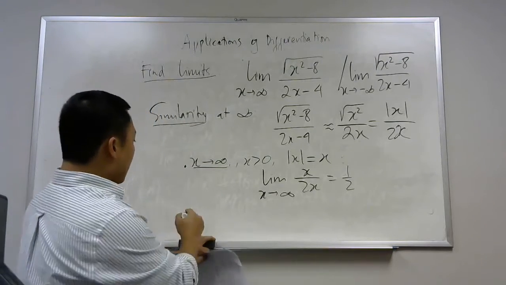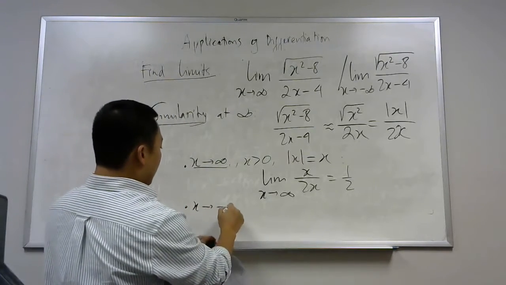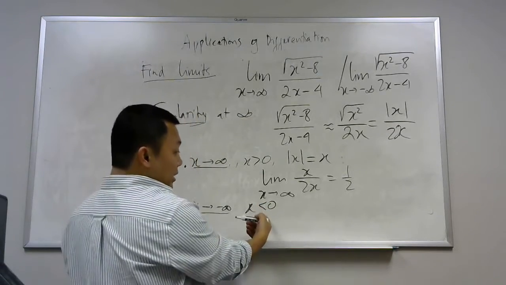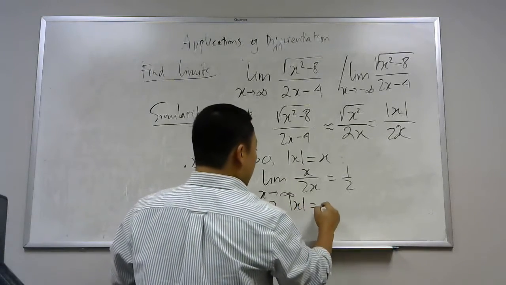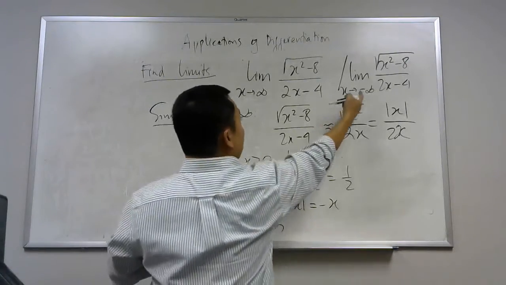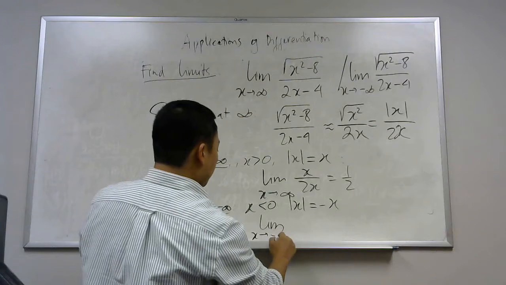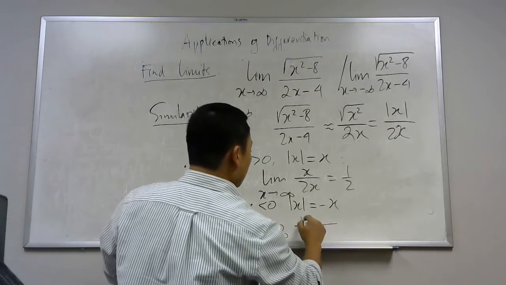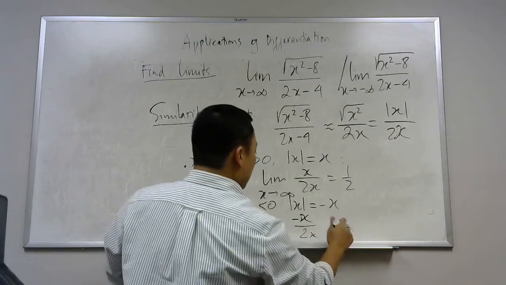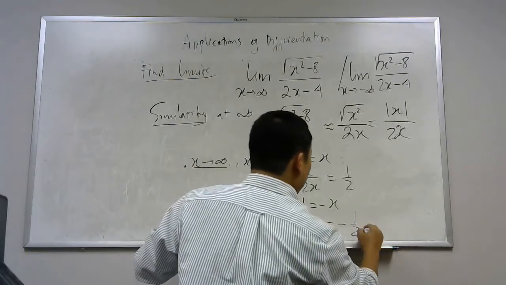But when x goes to negative infinity, x is less than 0, so absolute value of x is equal to negative x. In that case, the second limit is equal to negative x over 2x, which is negative 1 over 2.